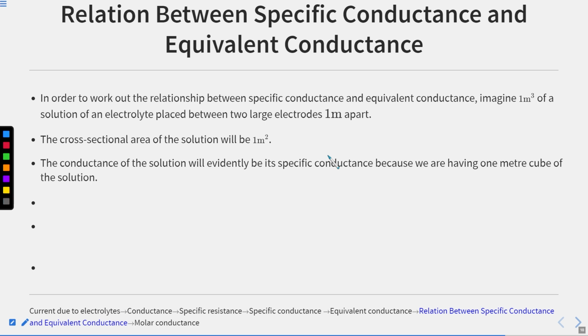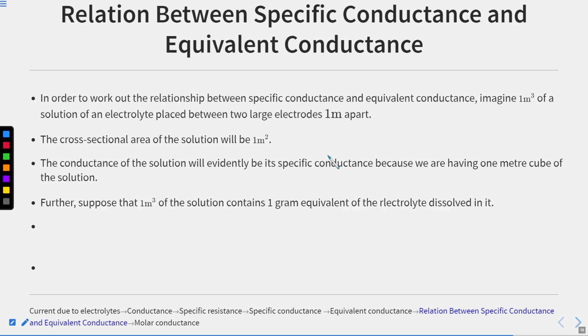Now the second thing I will do is suppose we have 1 meter cube of that solution and it has 1 gram equivalent of that electrolyte. Sorry for the mistake, it is electrolyte.